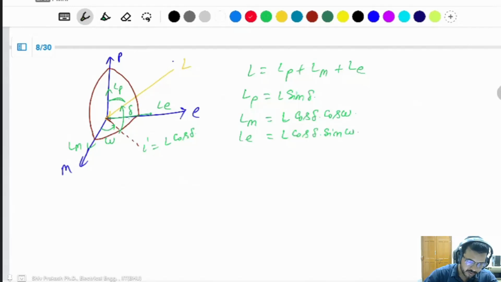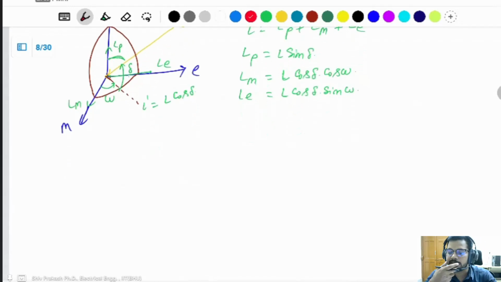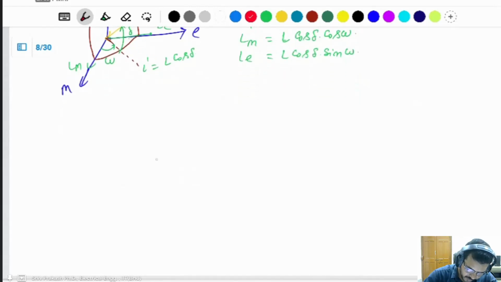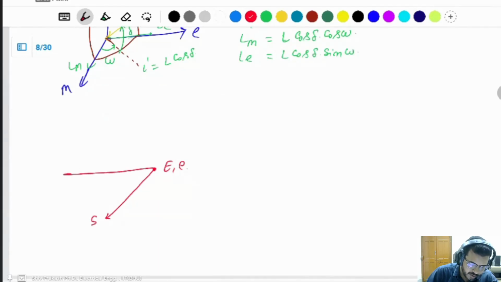Then you can see, suppose we stand from the east and see what it looks like. So this point is the east and equinox, the 90 degrees of this one will be south. Same, 90 degrees of this one will be the meridian axis. This will be the polar axis.